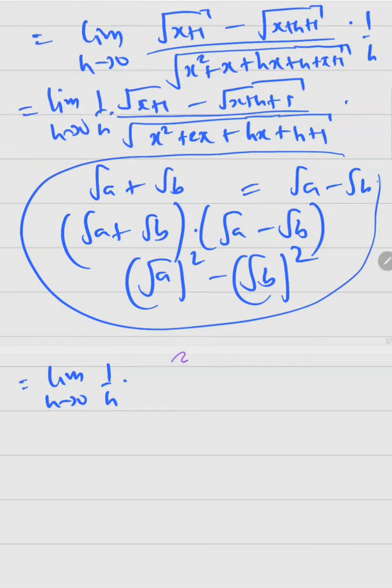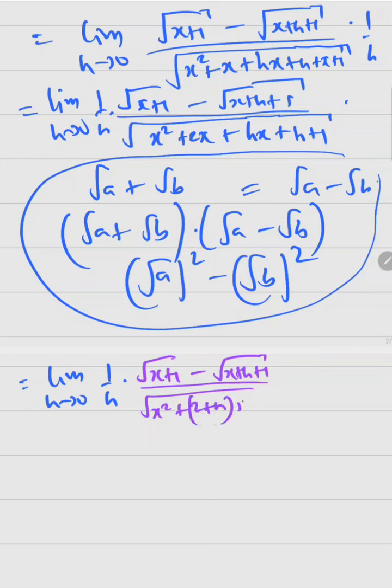Okay, now this one will give me square root of x plus 1 minus square root of s plus h plus 1 divided by square root of x squared plus 2 plus hs, I can take it out like this, plus h plus 1. I hope I'm communicating. So plus h plus 1, then multiply by the conjugate of the numerator.